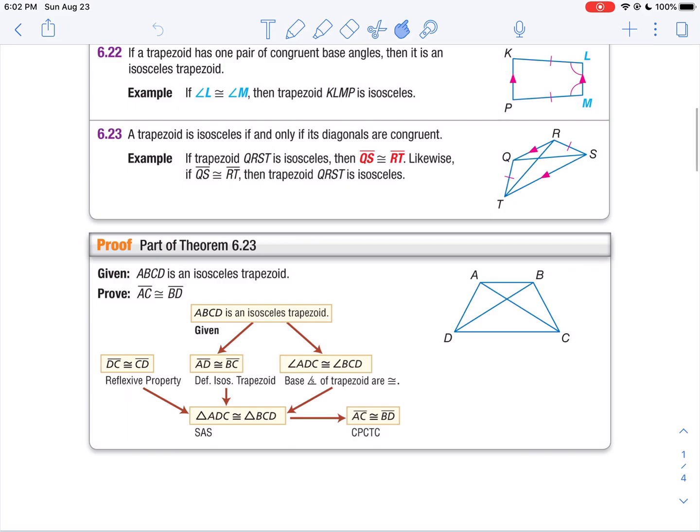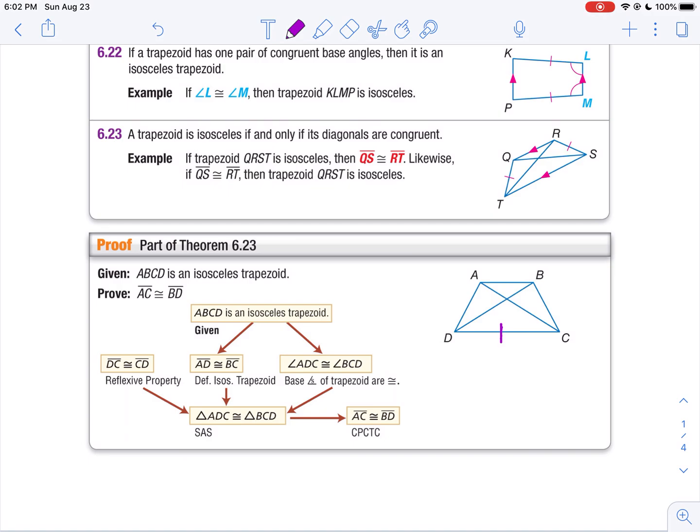Here's the proof showing why your diagonals are going to be congruent in an isosceles trapezoid. Because we have this, we're going to look at overlapping triangles here. I'm going to have DC overlapping with itself because you have two triangles there.